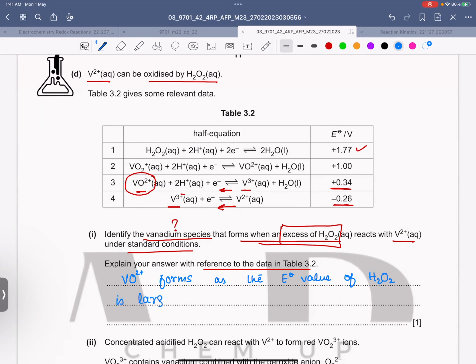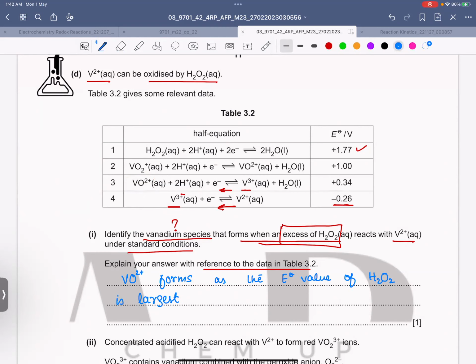Sir, it should be from the second equation. Why? 1 is less than 1.77. It's gonna get oxidized further. 1 is less than 1.77. Yes, you are right, Arisha.